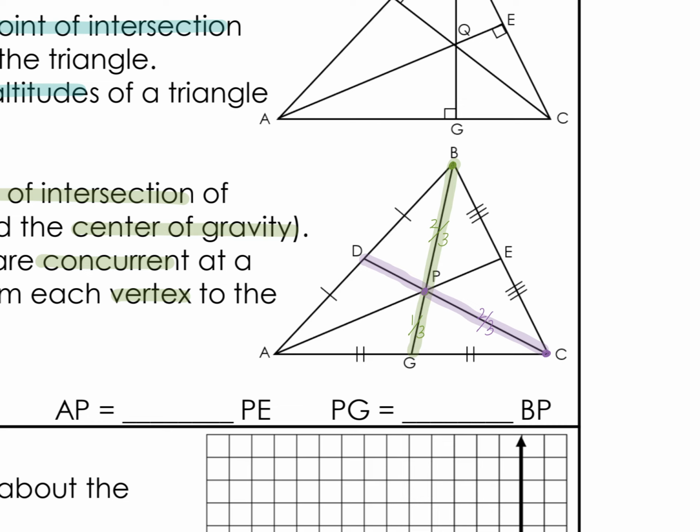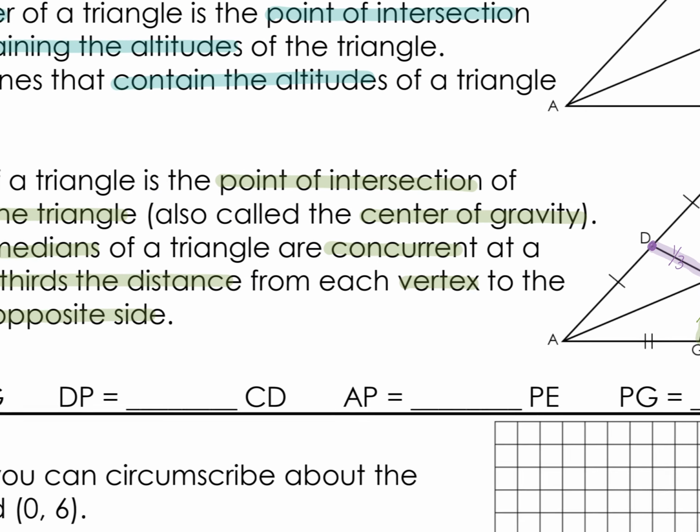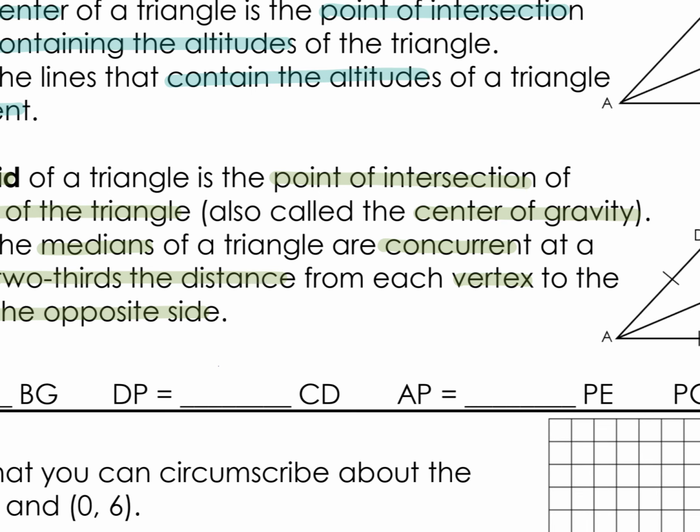And from my center to a point on the side, to that midpoint, it's going to be 1/3 of that line. So here, when they're looking for D to P, and we know the entire line D to C, we can take 1/3 of it to get that length DP. So DP is just 1/3 of my entire line from C to D.